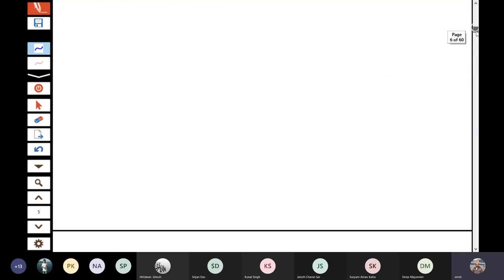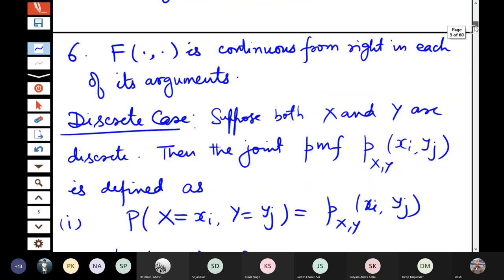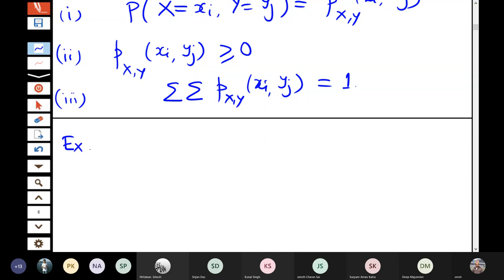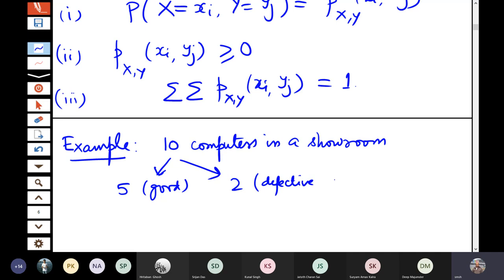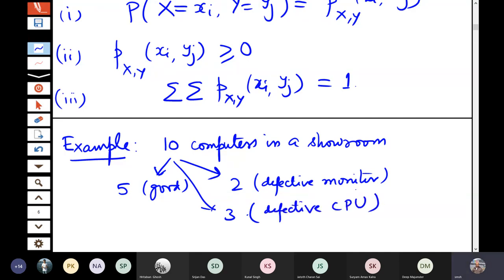So let me explain through one example here. Suppose there are, say, 10 computers in a showroom, and out of that suppose 5 are good, 2 have a defective monitor, and 3 have a defective CPU, some defect in the CPU.